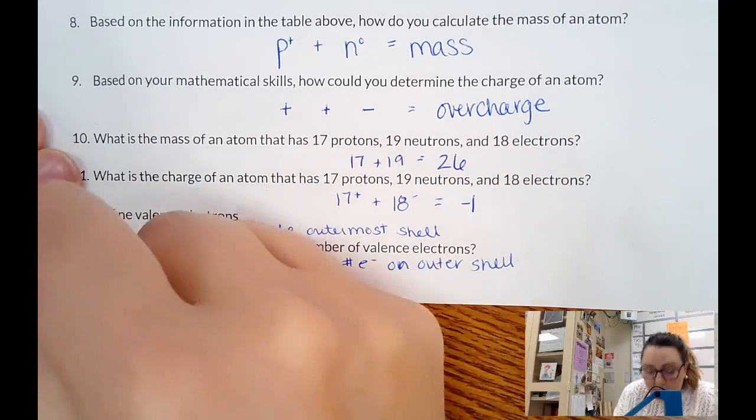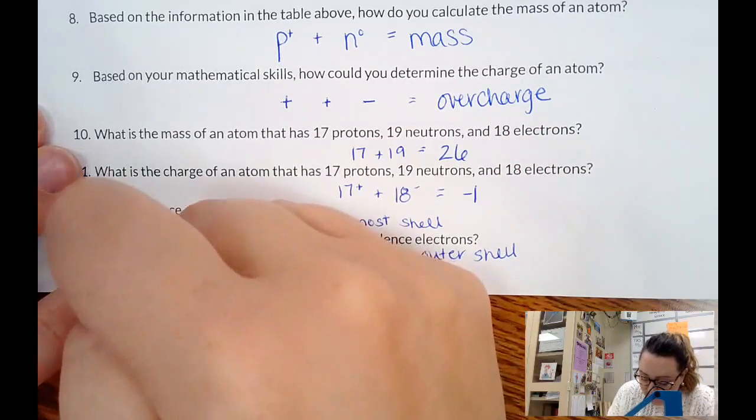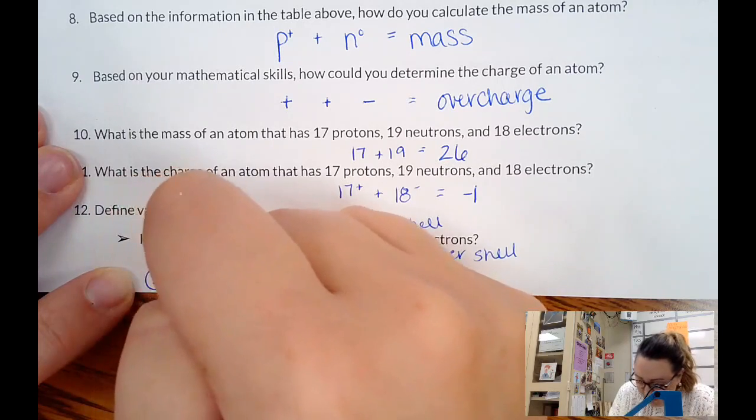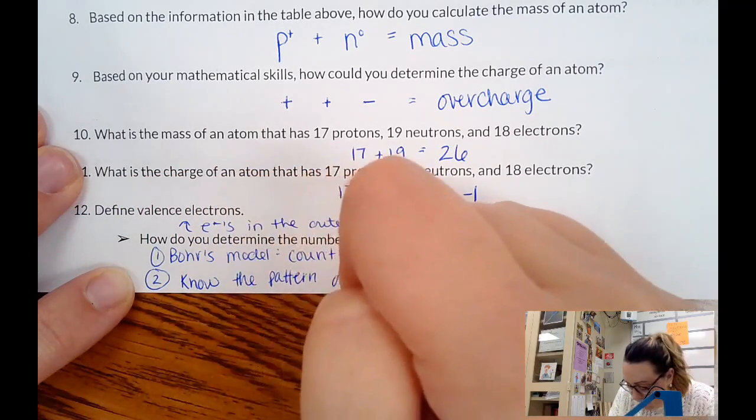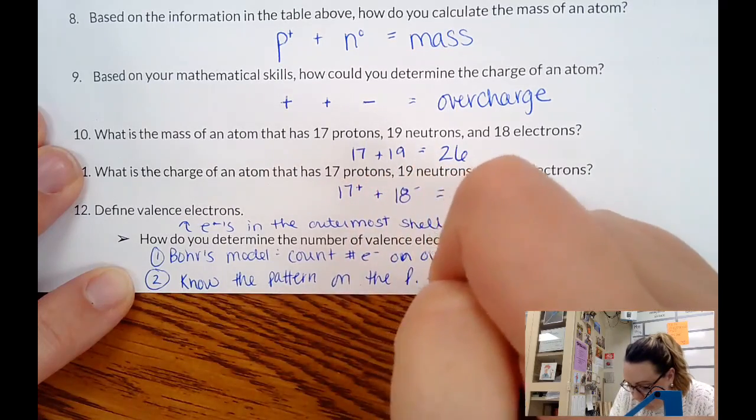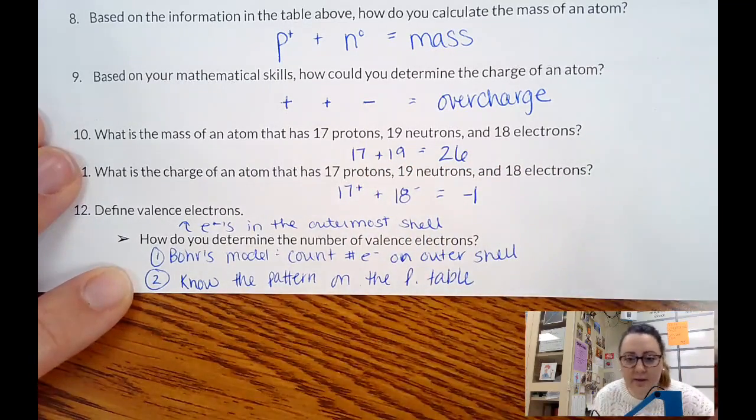Or the quicker way is to know the pattern on the periodic table. That pattern on the periodic table makes it a little easier.